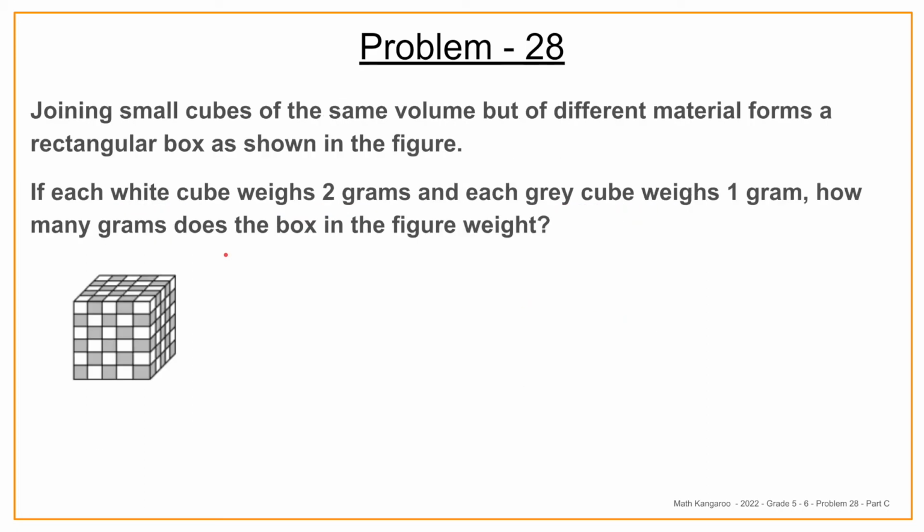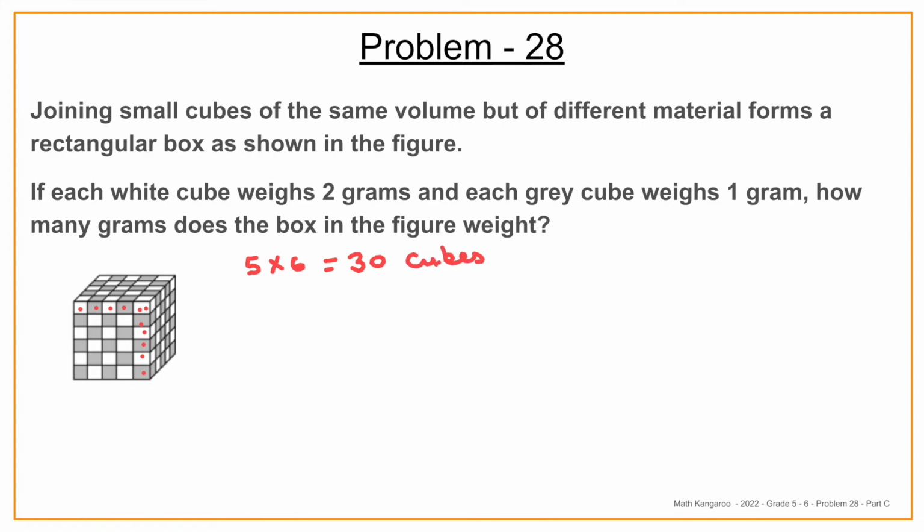So first calculate the number of cubes in the outer band. So we know the length is 5, 1, 2, 3, 4, 5, and width is 6, 1, 2, 3, 4, 5, 6. So the number of cubes in the outer band is 5 multiplied by 6, length into width, gives us 30 cubes.